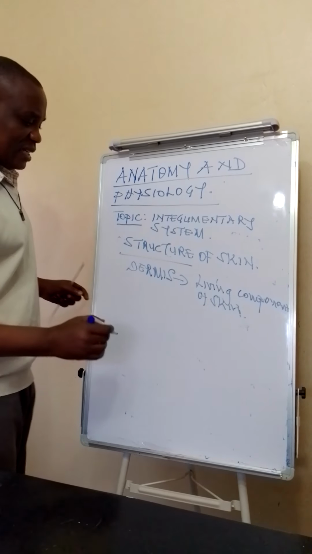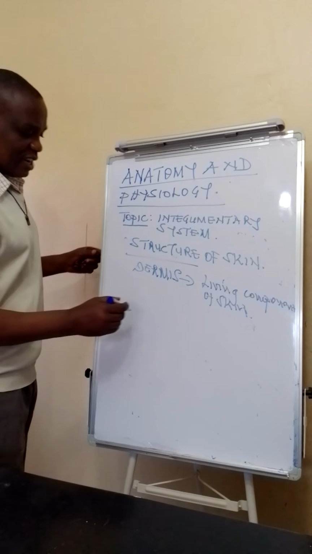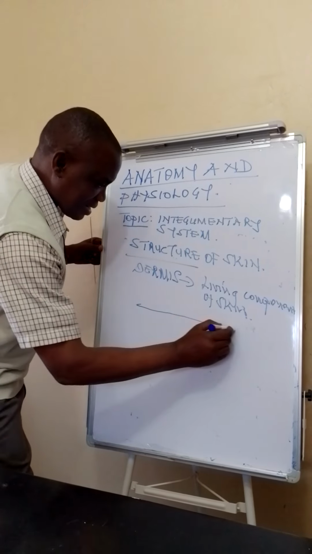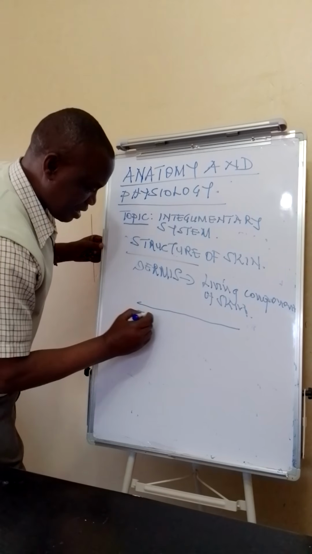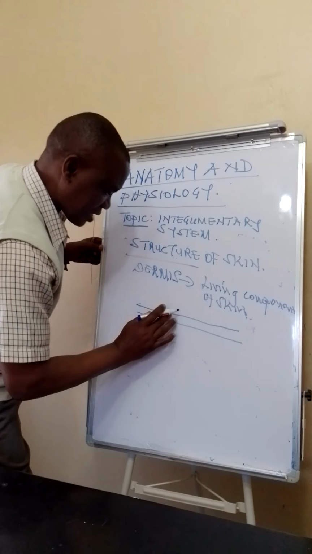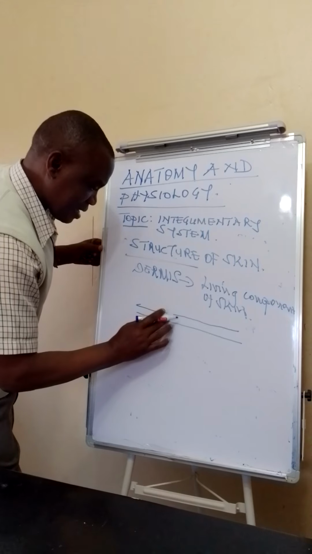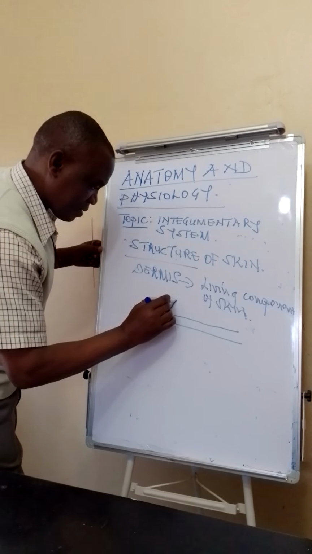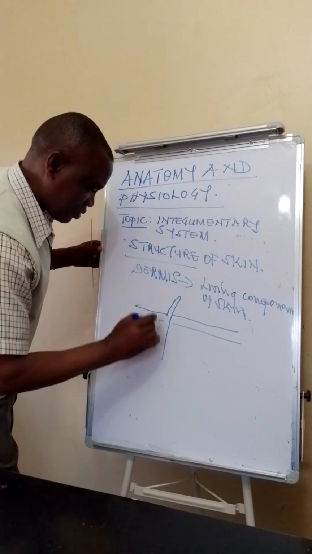Okay, so let me just see here very quickly, give you a rough drawing. For example, we say this is the epidermis of the skin, and then you see here you have our hair protruding.